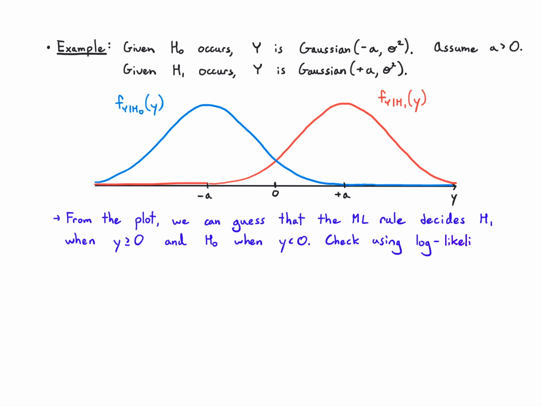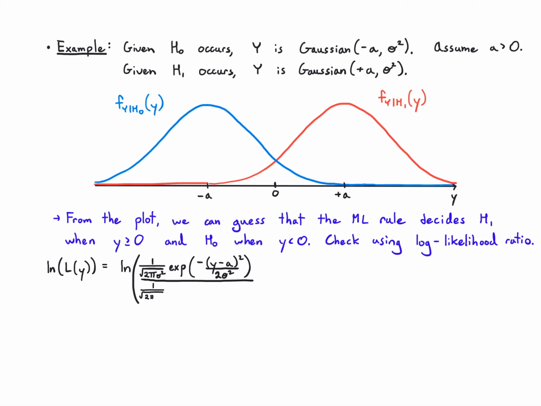Okay, so we're just going to check that that holds up with the log likelihood ratio. The log likelihood ratio is just the logarithm of the ratio of the PDFs. So I have 1 over root 2 pi sigma squared, e to the minus (y minus a) squared over 2 sigma squared. That's the conditional PDF of y given h1, because it's Gaussian with mean plus a. And I have the same form of the PDF under h0, except that the mean is minus a, so it ends up as a plus a here because I'm subtracting minus a.